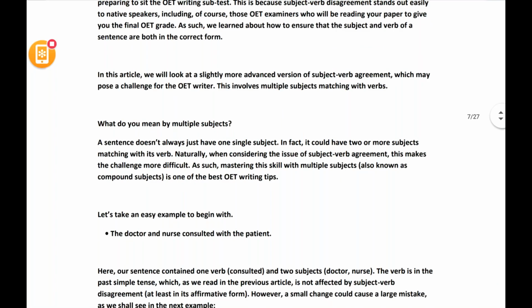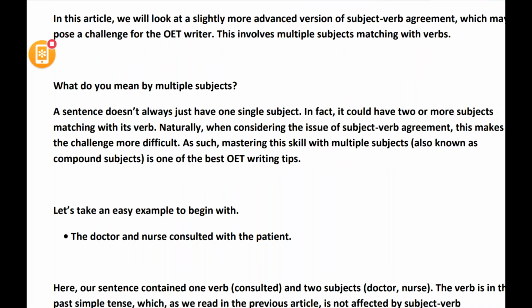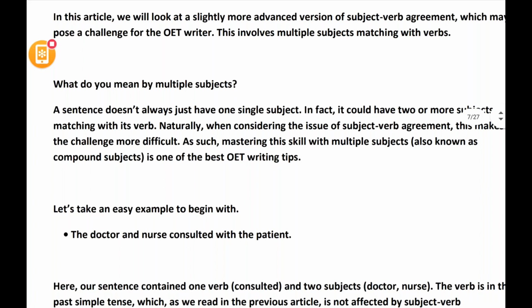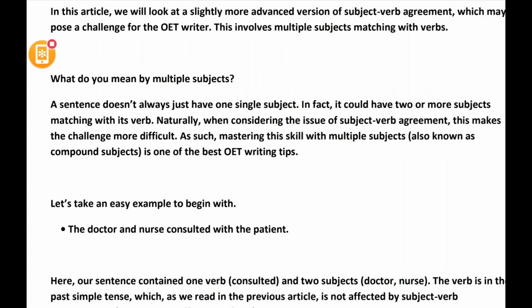Now, look at this sentence. The doctor and nurses consulted with the patient. The doctor and nurse consulted with the patient. There will be multiple subjects. How will you handle the verb with multiple subjects?